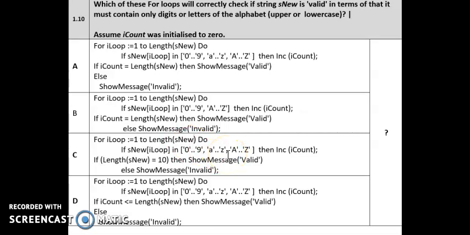And what have we got here? Which of these were correct if snew is valid in terms of it must only contain digits or letters, uppercase or lowercase? Okay, must only.